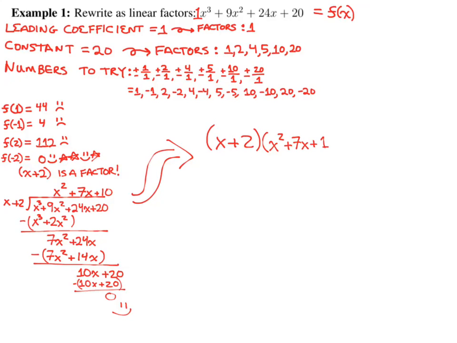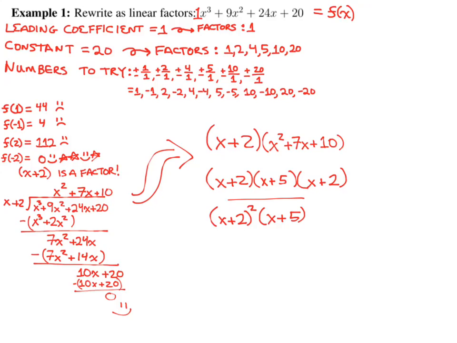I mentioned this in class at the beginning last time, and this is super important because now we're just factoring. Well, x plus 2, whatever, that's done. Then x squared plus 7x plus 10 is like x and 5 and x and 2. Boom! So it's actually x plus 2, there's 2 of them, so x plus 2 squared and x plus 5. Huh.